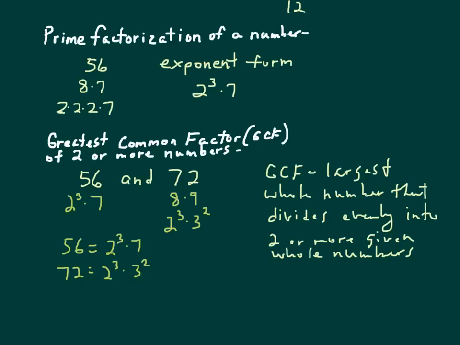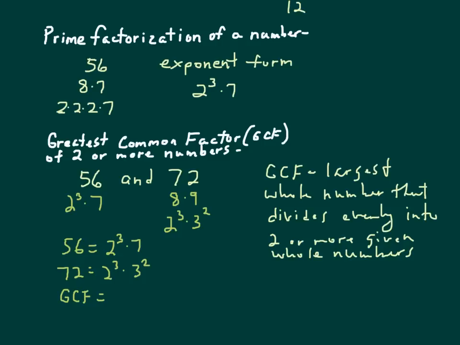Well, 8 has a factor of 4 and a factor of 2. Those are both common factors of 56 and 72, but the greatest common factor of 56 and 72 is 2 cubed itself. Since 2 cubed is part of both numbers, that's the greatest common factor.